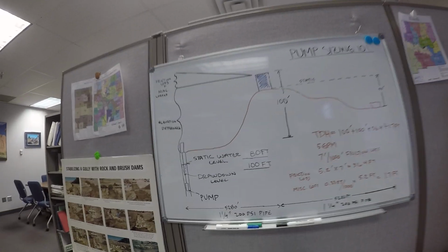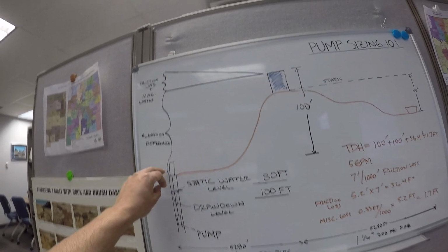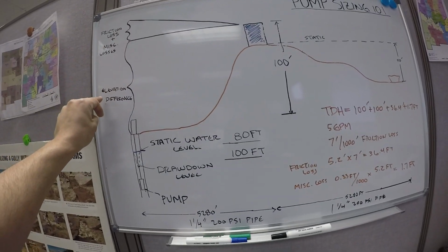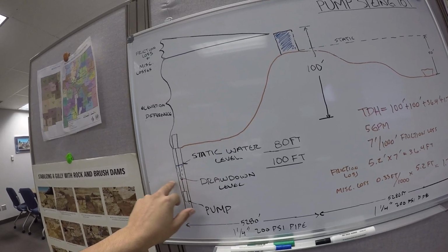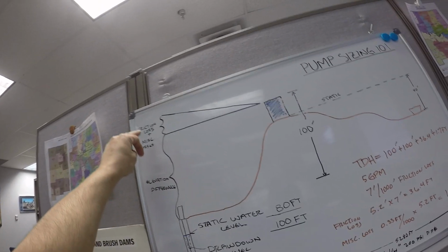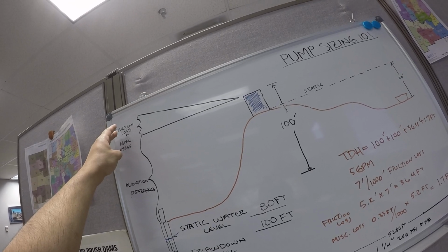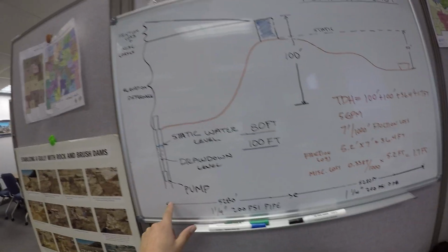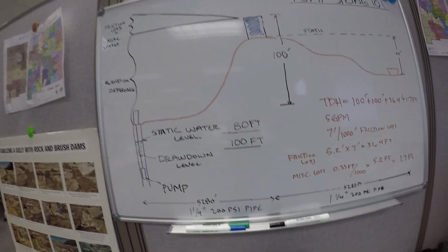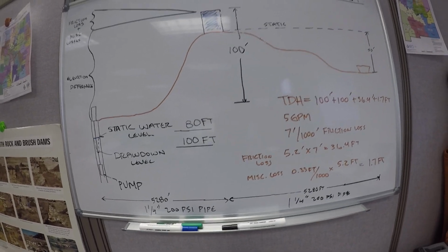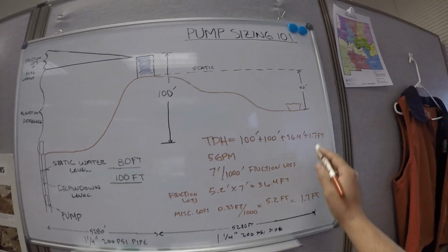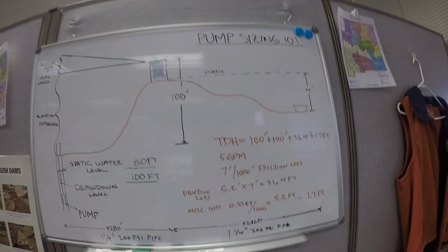So your pump needs to overcome the elevation difference, it needs to overcome the depth to drawdown level, it needs to overcome the losses in the pipe from beginning of pipe to end, and those losses are due to friction, and those losses are equivalent in feet to all of this. So we're going to add all that together.